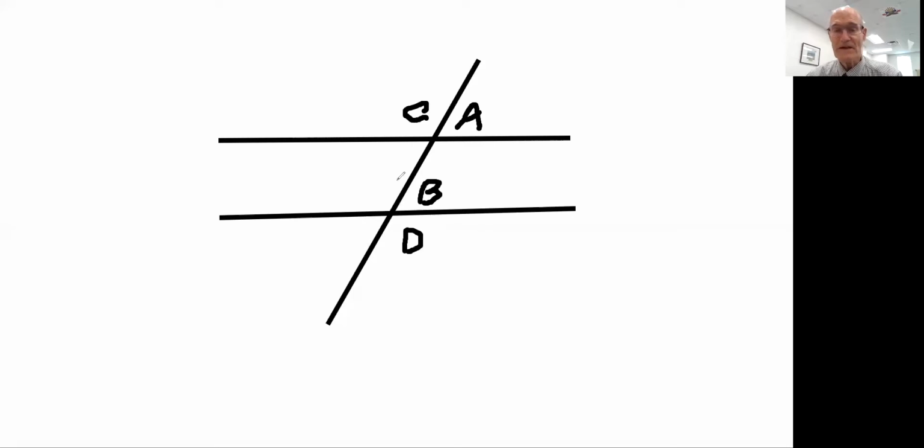Or we could say that if we get angle E right in here, then we've got angle B and angle E, which are alternate interior angles. So we have a theorem that says if the alternate interior angles are congruent, then the lines are parallel.